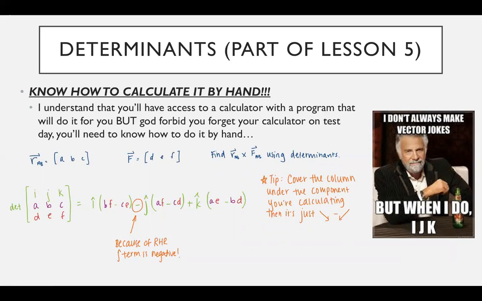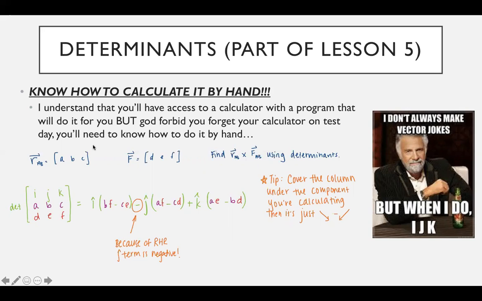What is important to know is that in a cross product, these are not interchangeable. So if it's r cross f, you have to make sure that you're doing r in this middle row here, and f on the bottom, because since it's subtraction everywhere, you're going to end up doing the math wrong if you swap them. So that's an important thing to know, that you have to do it in that order.